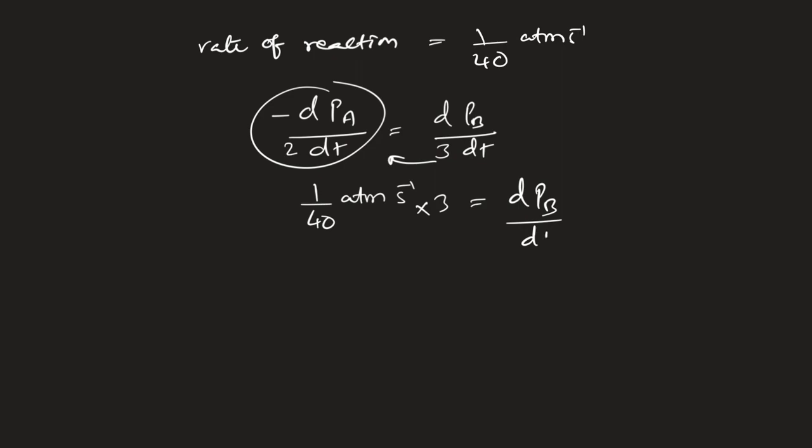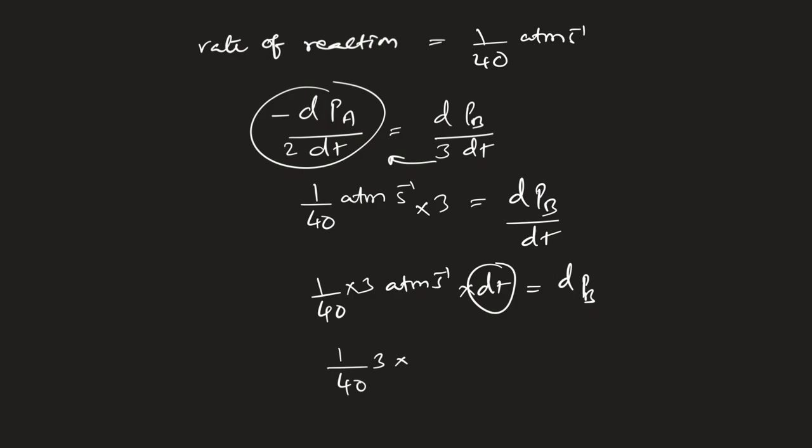Then this is 1 by 40 into 3 atm second inverse. Multiplying by dt gives dPB. The time interval mentioned in the question is 10 seconds. Therefore, 1 by 40 into 3 atm second inverse into 10 seconds is equal to dPB.